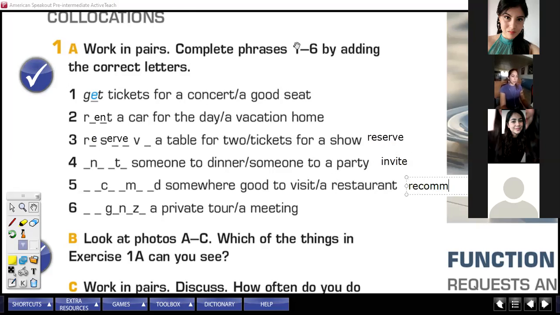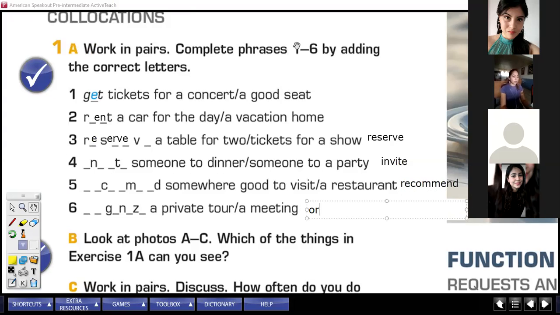Yes. Recommend. Double M. And number 6. Organize. Observe that we have z, and for British English, it changes. Organize or organise. But both are correct.